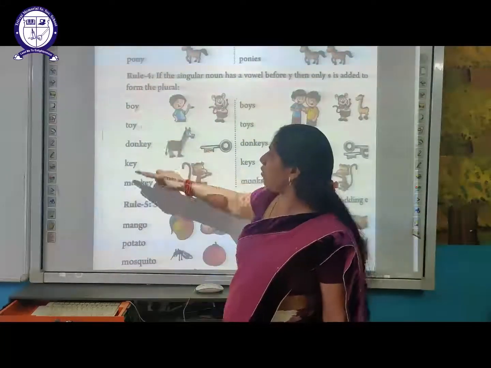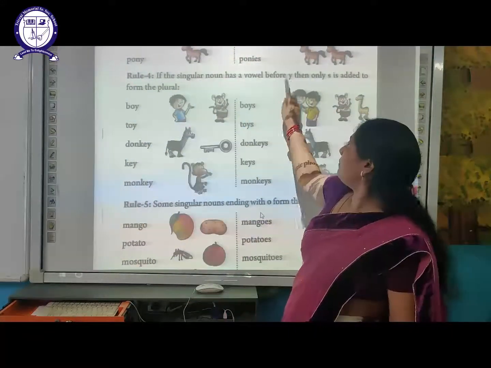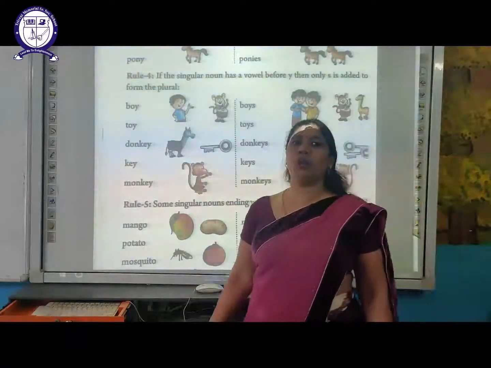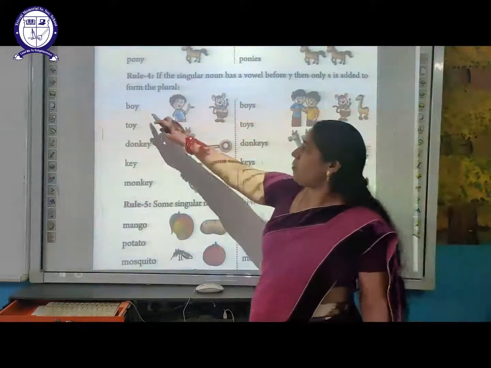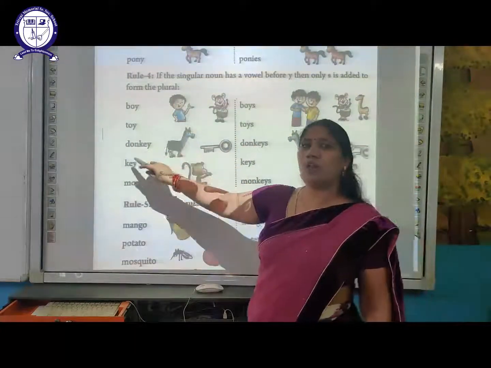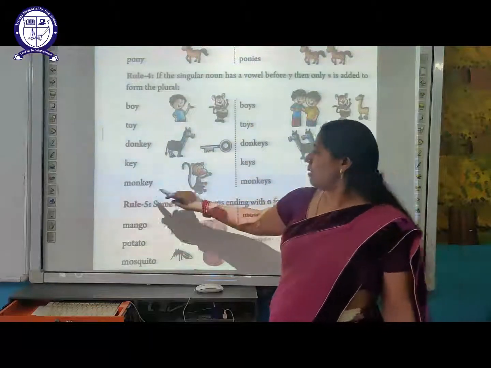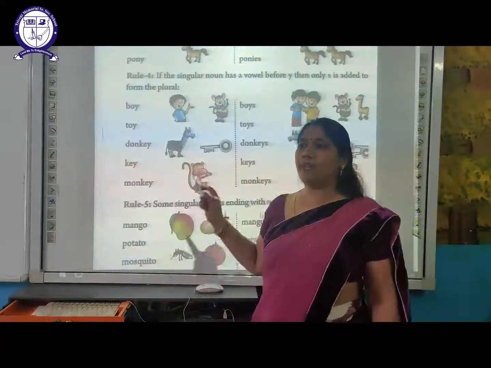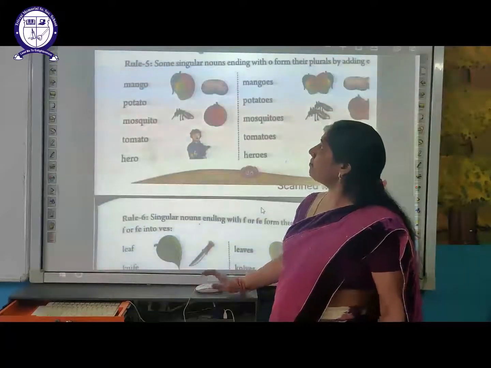When there is a vowel before y, we have to add only s, and there is no need to drop y. Donkey, donkeys. Key, keys. Monkey, monkeys. No need to drop y if the previous letter is a vowel. Come to rule number 5.